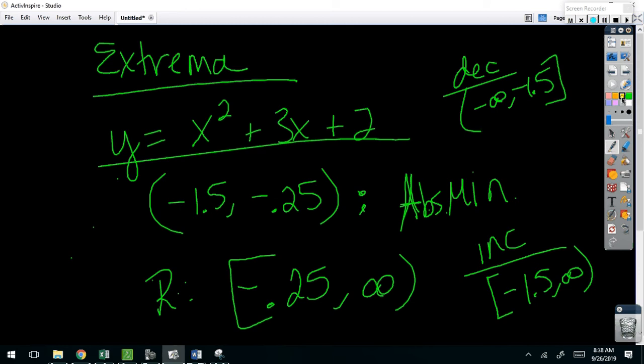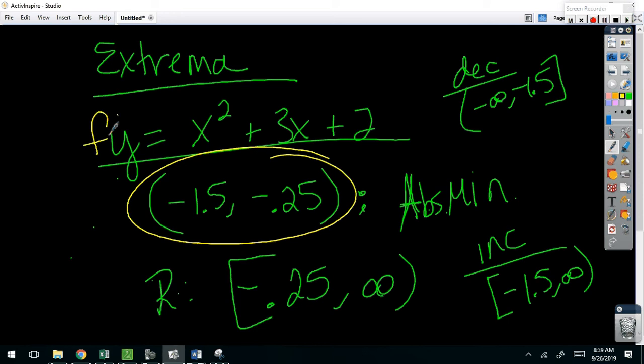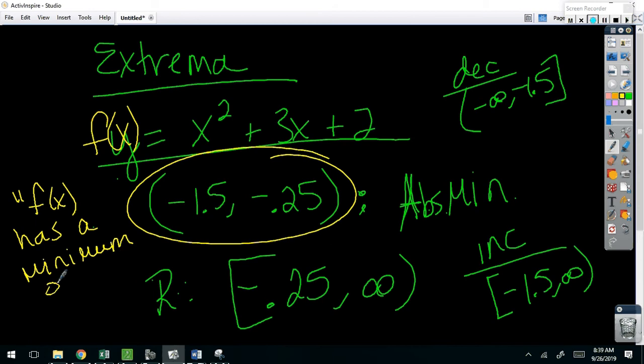When we talk about maxes and mins, if this is the min, the way we say this is, if this is f of x, we say f of x has a minimum of negative 0.25 at x equals negative 1.5.